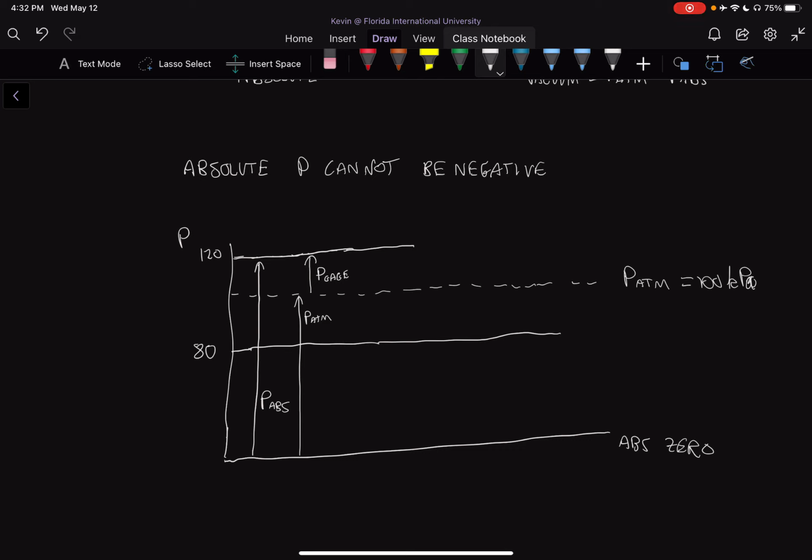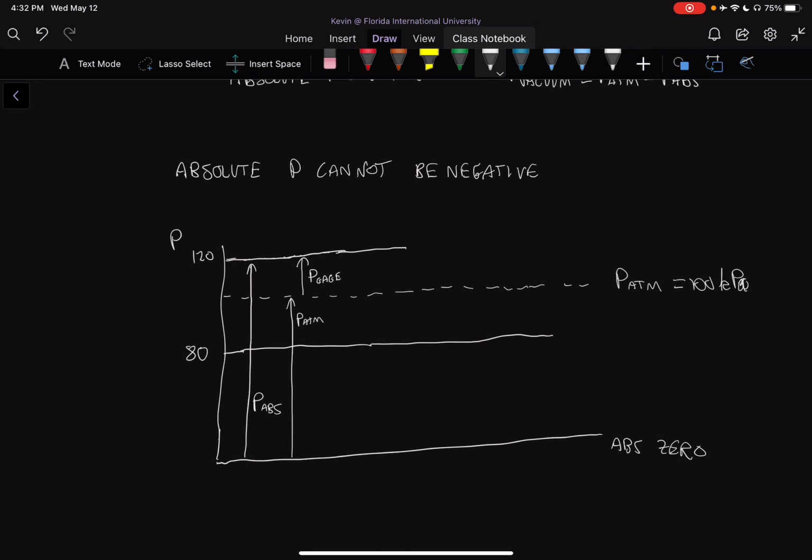If we take out some air from a room, we might have less than atmosphere. And in the case of the 80 line, this would now be our pressure absolute. So you can see that our pressure is still positive and still starts from 0. And now our pressure of vacuum is going to be the pressure difference from atmosphere to vacuum. Okay.